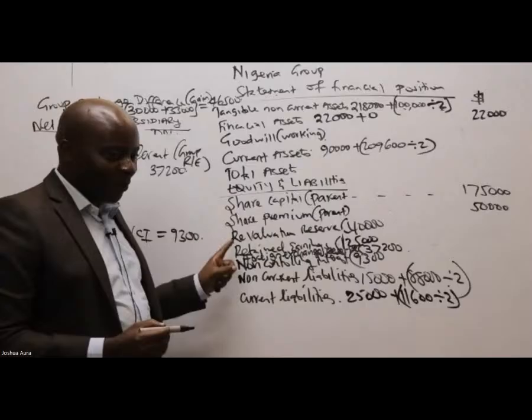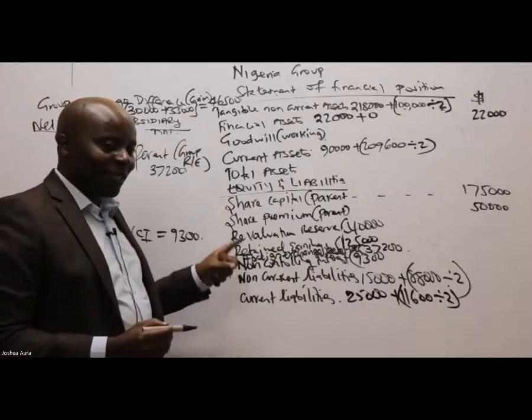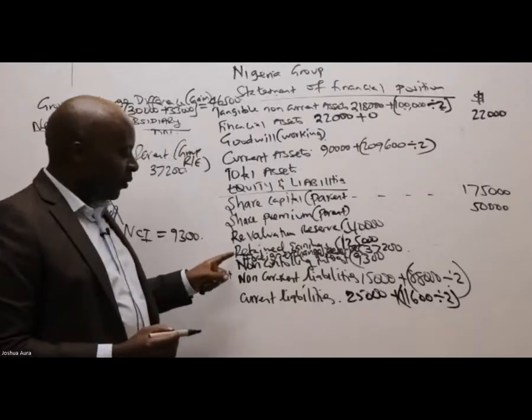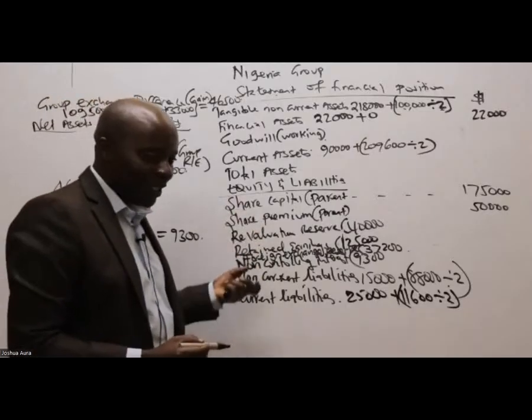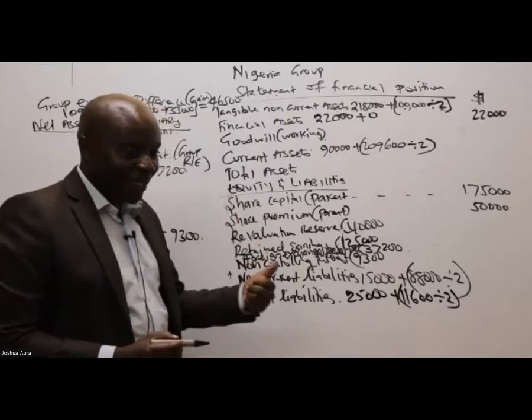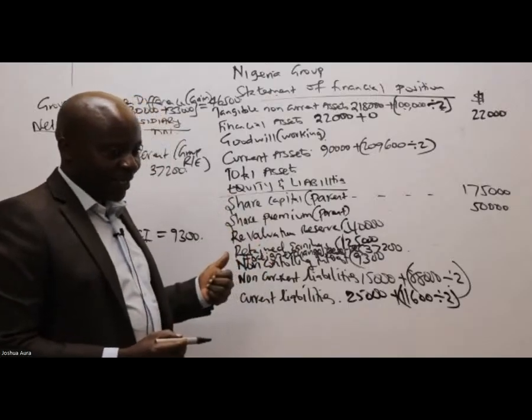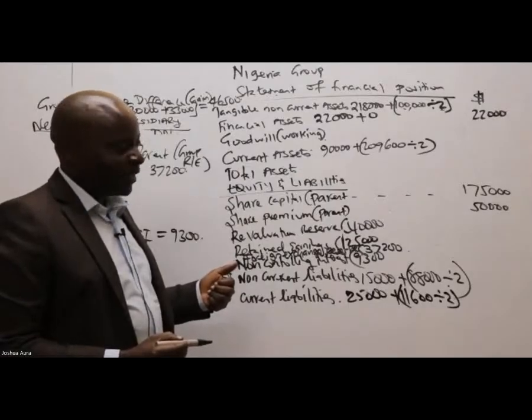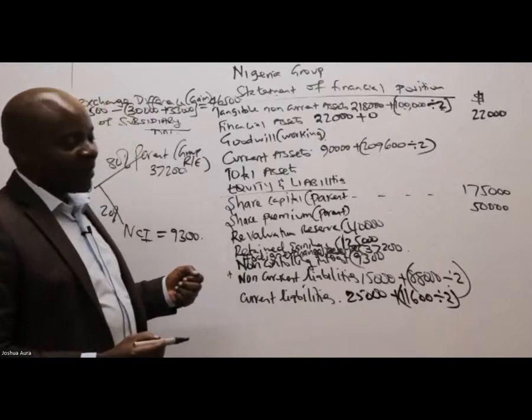I don't know whether you've been able to write yours very well. Have you been able to fix your foreign exchange reserve under the equity? JS says yes. Please fix it there.